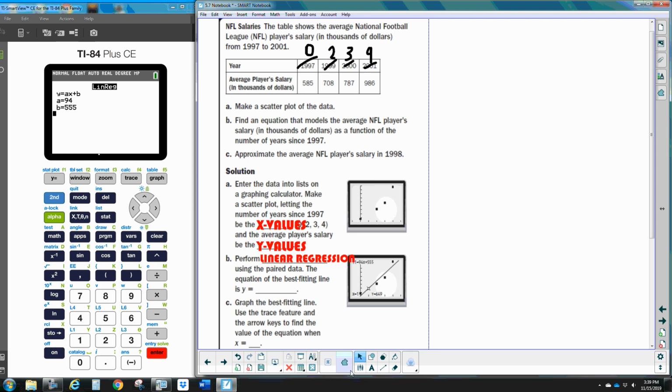So I'm going to go ahead and type that equation into my notes. y equals 94x plus 555.